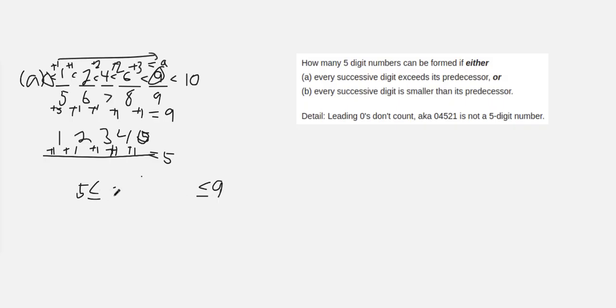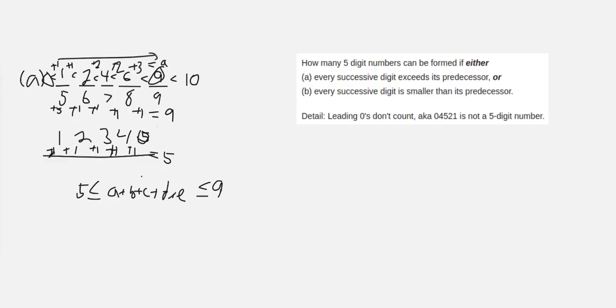And so we have, say, A plus B plus C plus D plus E, between 5 and 9. But what's important to note is that for some sequence of these pluses, there's a bijection between these pluses and the number we produce.